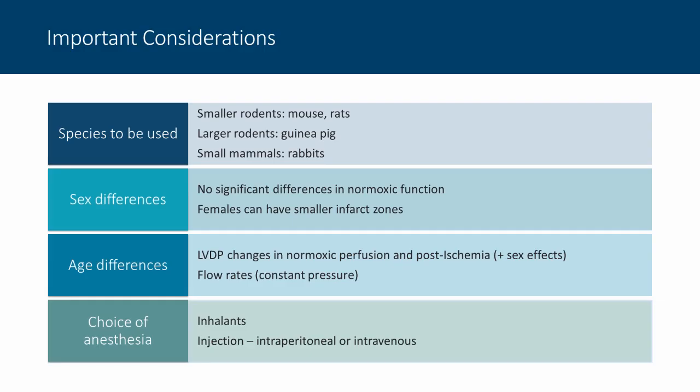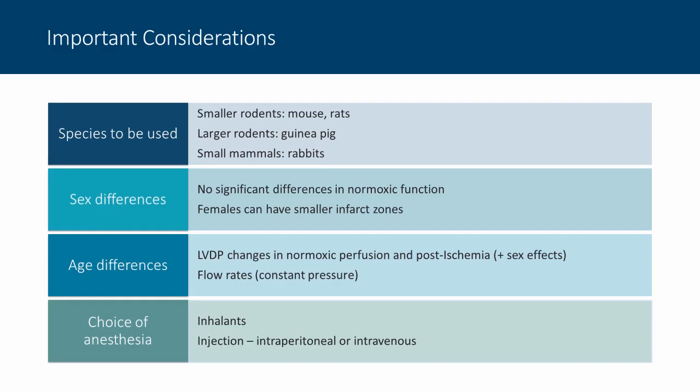We also need to consider sex differences. While there's no significant difference between male and female animals with normoxic functionality, females can have smaller infarct zones if we're considering an ischemia-reperfusion injury setup. I like to say that we only ever use males or females, and we don't ever have a mixed sex population. We also need to consider age differences.